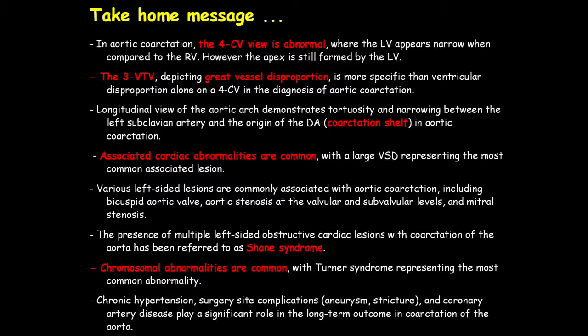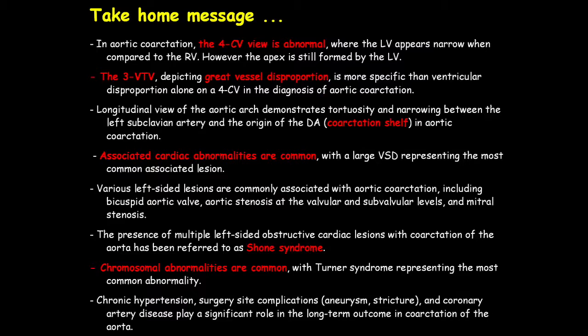The three-vessel trachea view, where the great vessels have a discrepant size, is a very important and specific marker, in particular if you see discrepancy at the level of the four-chamber view.